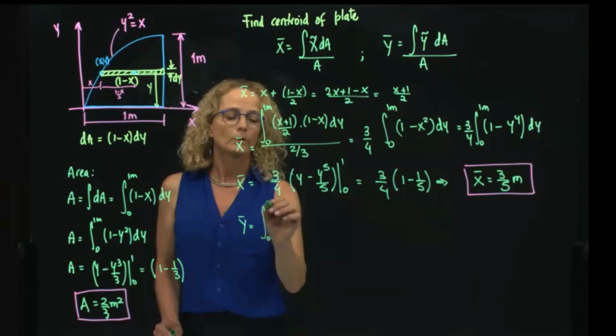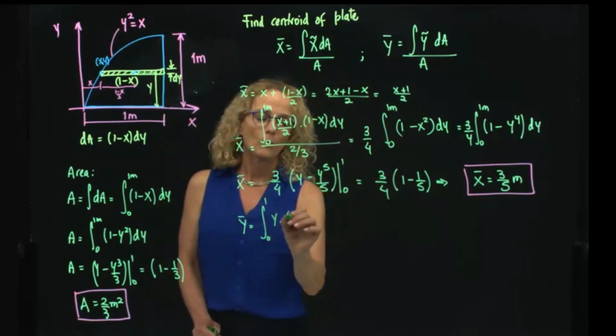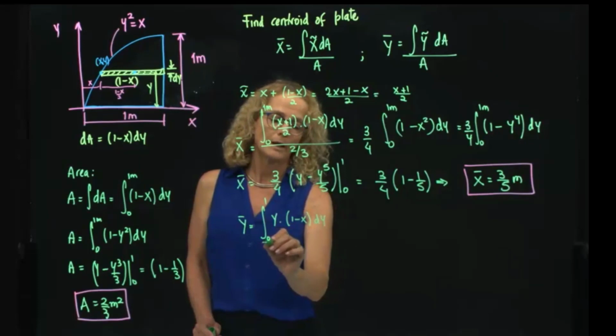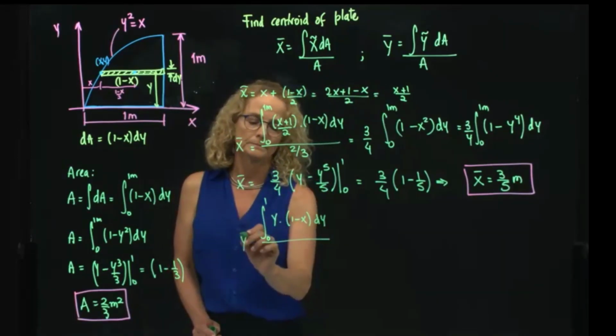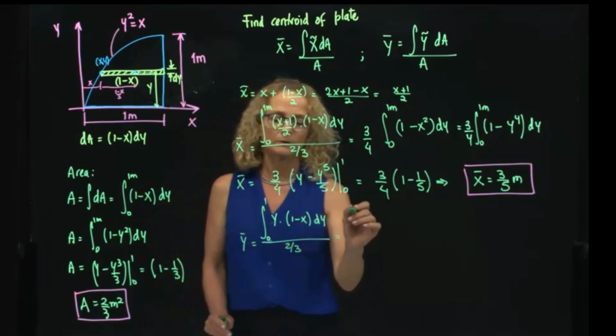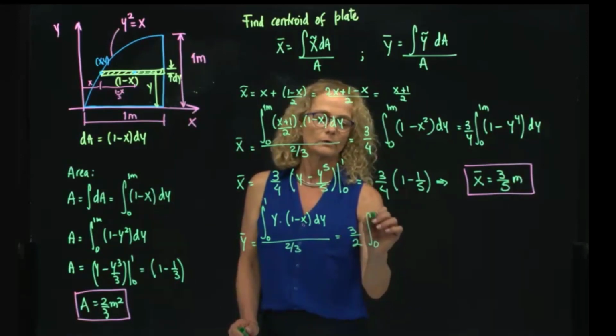So it's from 0 to 1, y times my differential of area, (1 minus x) dy, and all that divided by the total area, which is 2/3. So that integral becomes 3/2 times the integral from 0 to 1 meter.